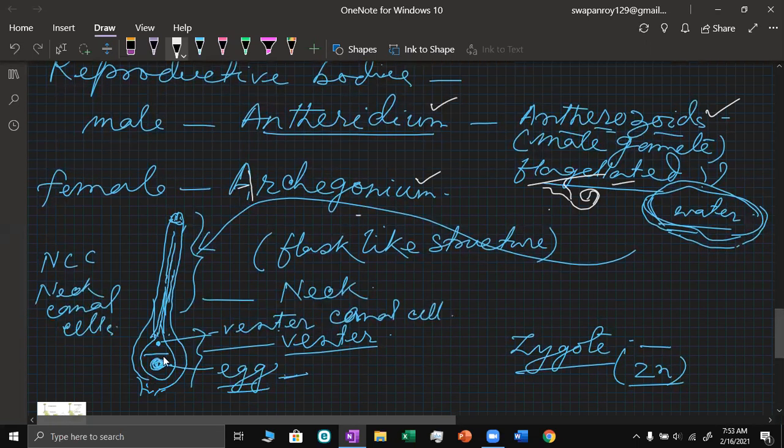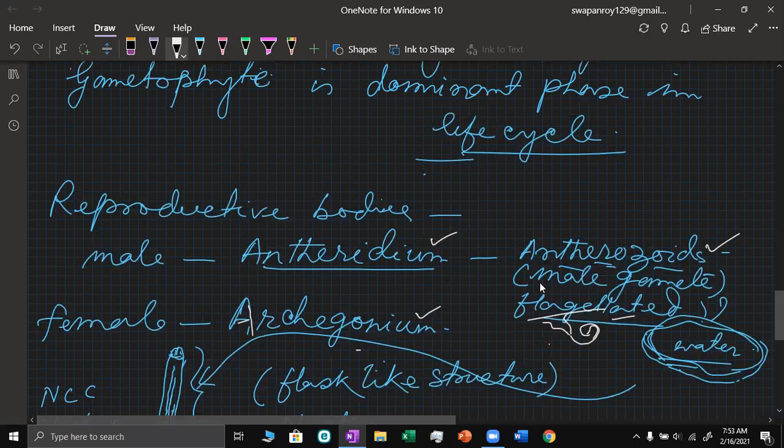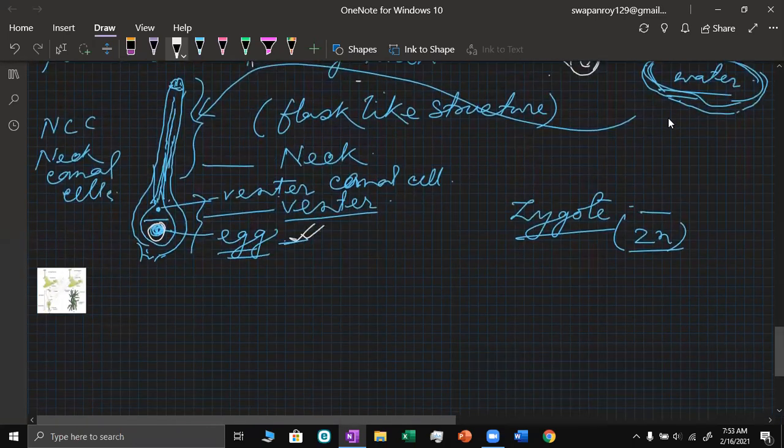Archegonia is a flask-like structure which produces the egg. When the anthrazoids in the antheridia are mature, they are released in water, and by swimming through the water, they reach the archegonium.